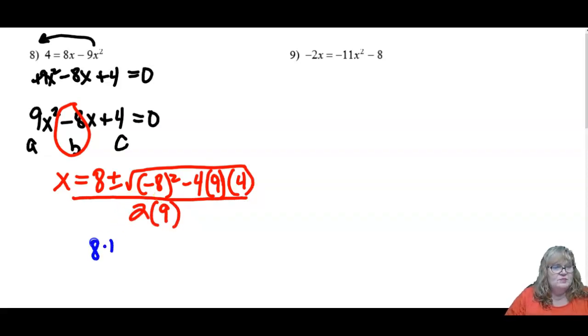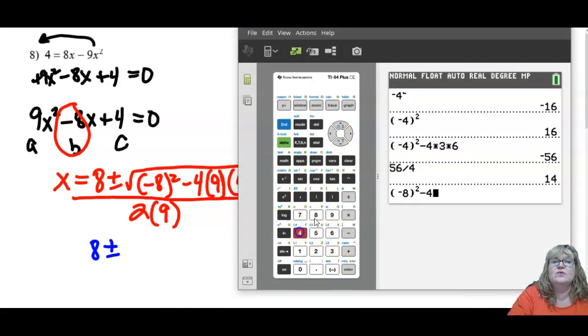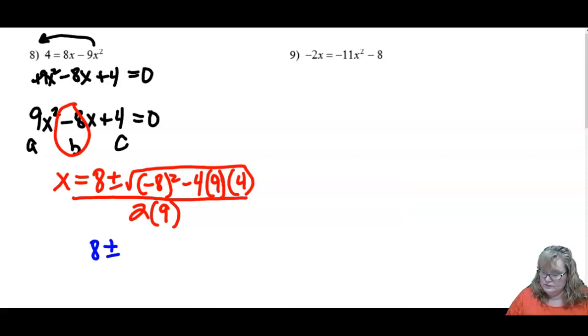All right, so I have 8 plus or minus the square root of (-8) squared minus 4 times 9 times c, which was 4. So I wound up with a -80, all over 18, 2 times 9.